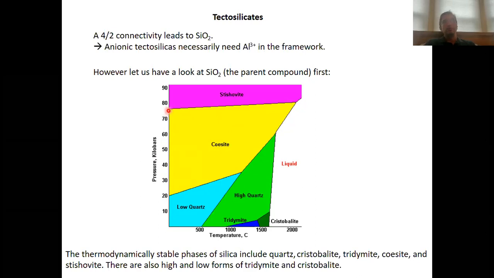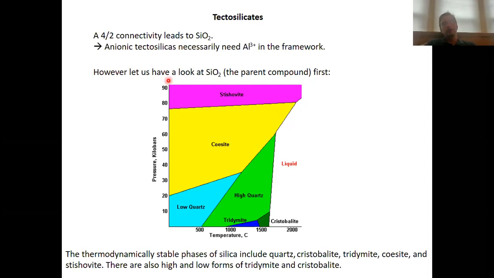If you go to even higher pressures, then above approximately 7.5 gigapascals or 75 kilobars, you enter the stability field of stishovite, and at extremely high pressures, there are even other high pressure polymorphs of SiO2 possible that we are not going to discuss in more detail.